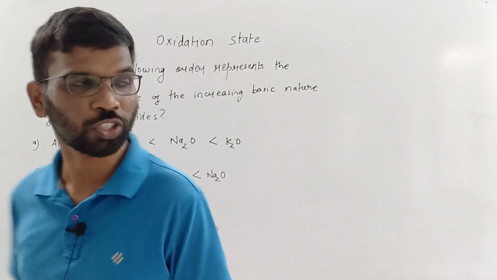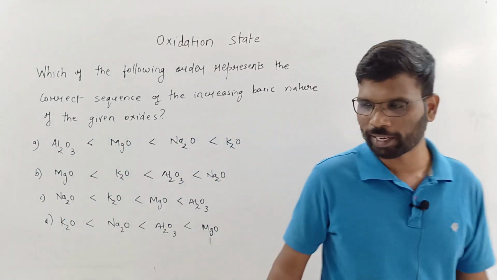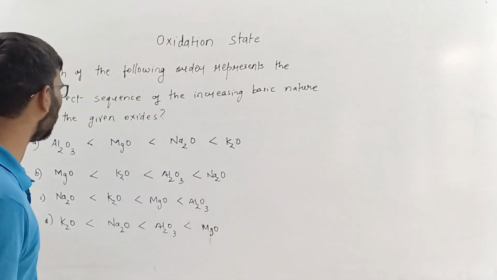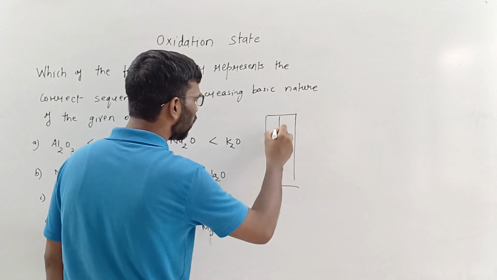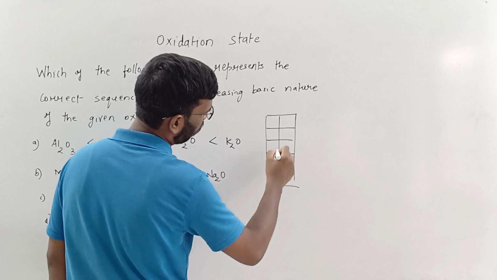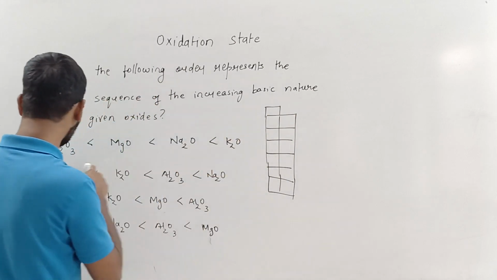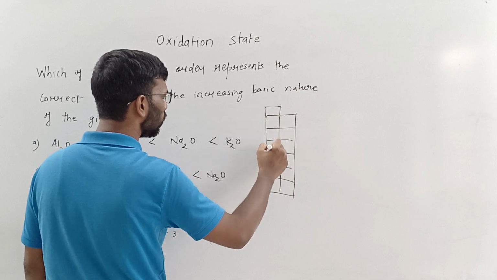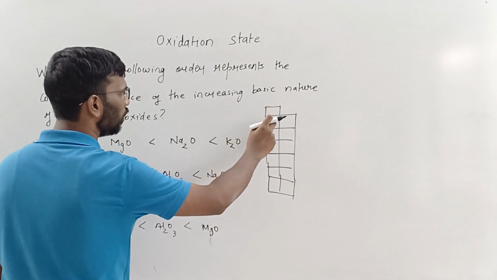Here is the question: which of the following orders represents the correct sequence of increasing basic nature of the oxides? There is an oxide of aluminum, of magnesium, of sodium, and of potassium. Let's understand the position of these elements in the periodic table. The position is very important. Here will be the position of sodium: hydrogen, lithium, sodium.